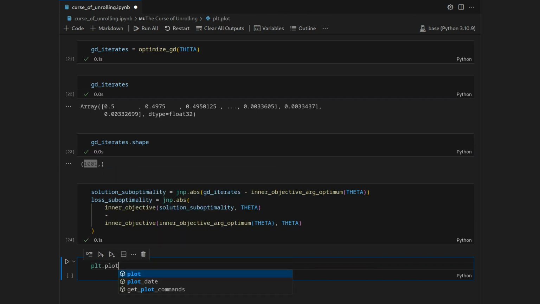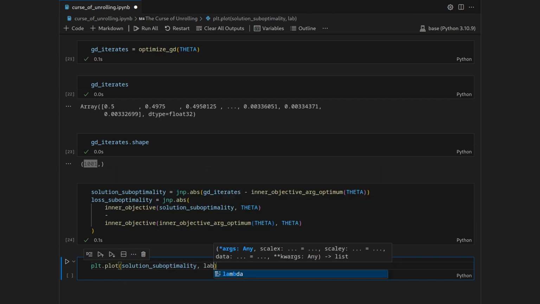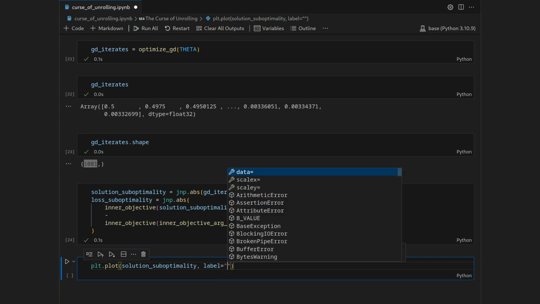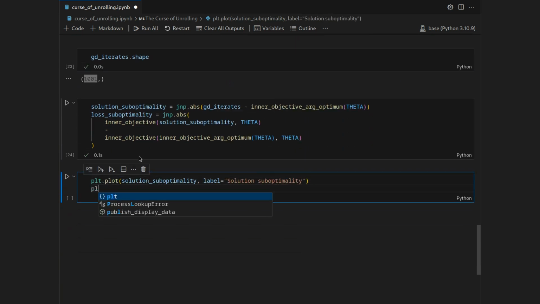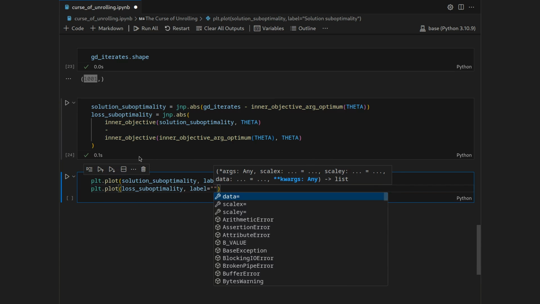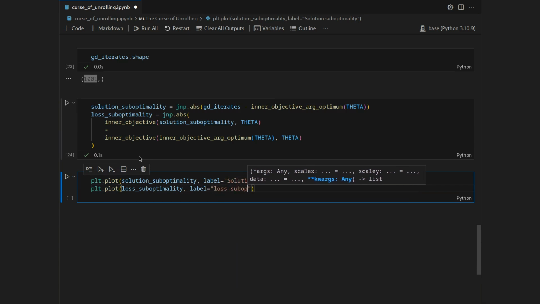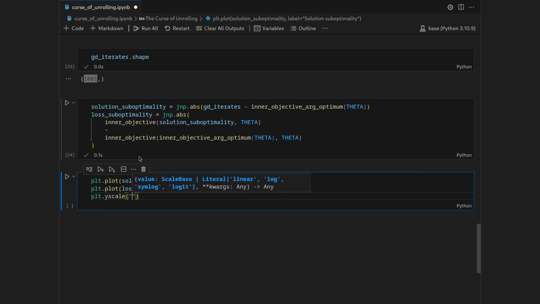So let's do plt.plot on the solution suboptimality and attach the label, well, solution suboptimality. Then let's scroll down a bit and also add a plot of the loss suboptimality and attach the label of loss suboptimality. Then let's switch to a logarithmic y-scale because we are assessing a convergence.